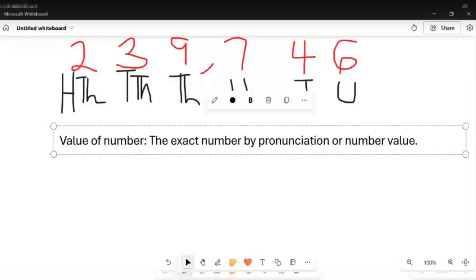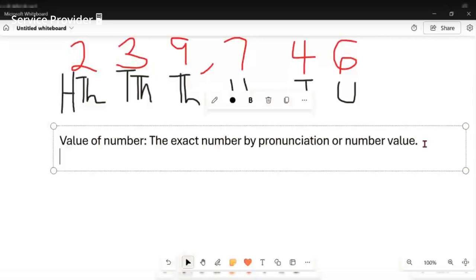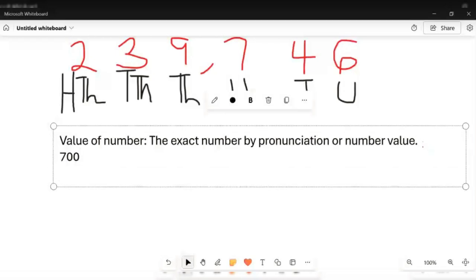You are saying place value, my dear. 700. Fantastic. That is the exact way to pronounce the number. So when we talk about numbers, we are calling them by their exact name. That's the number value.